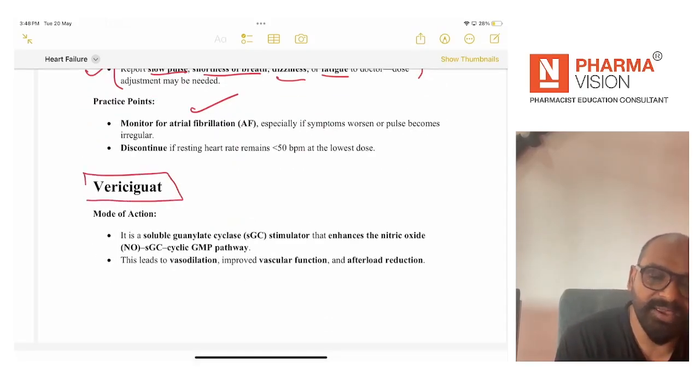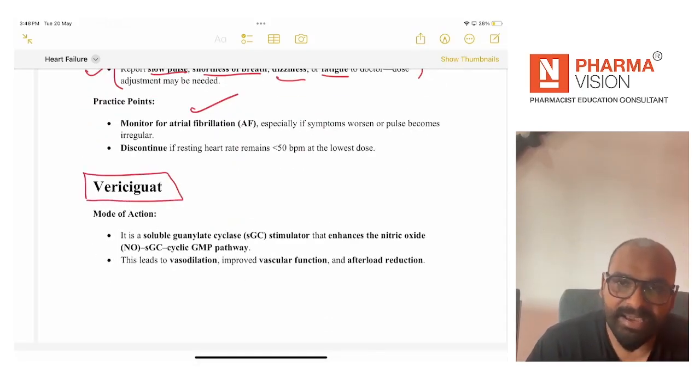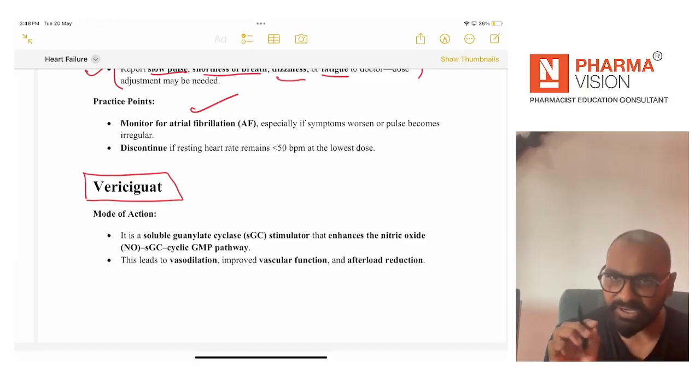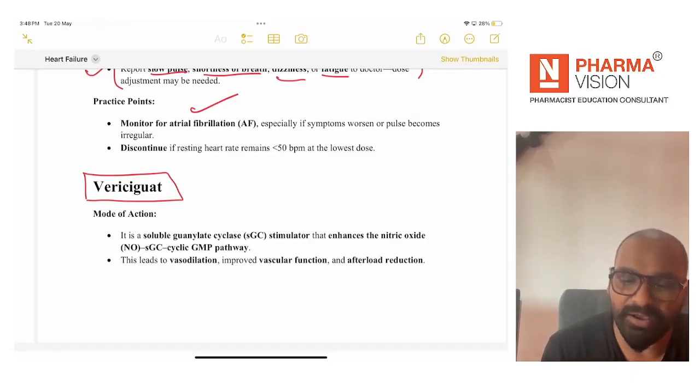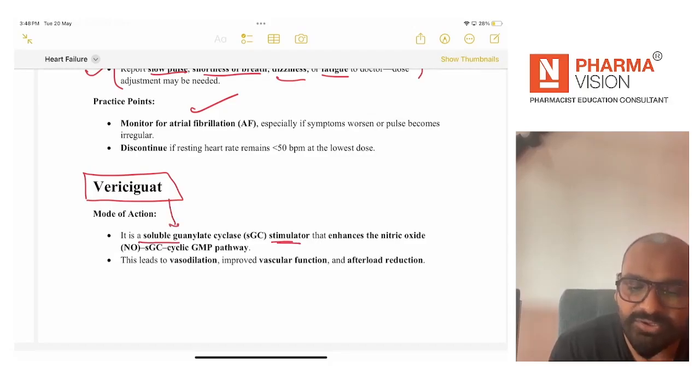Another very unique medication is vericiguat. This medication is a little bit different: it stimulates soluble guanylate cyclase.